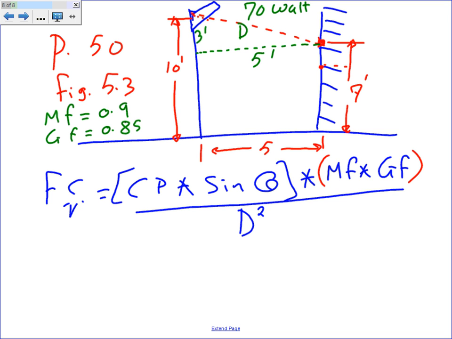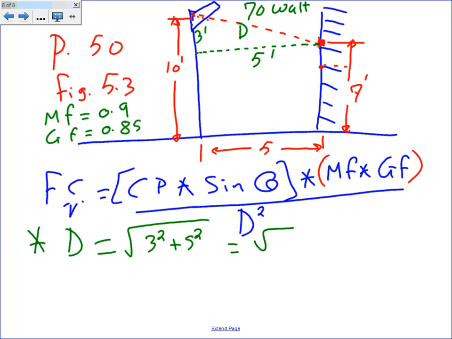First thing you need to do is find the Q. To find Q, find D. So step number 1 to do the whole calculation is find the D. D equals the square root, by the Pythagorean theorem, of 3 raised to the power 2 plus 5 raised to the power 2.